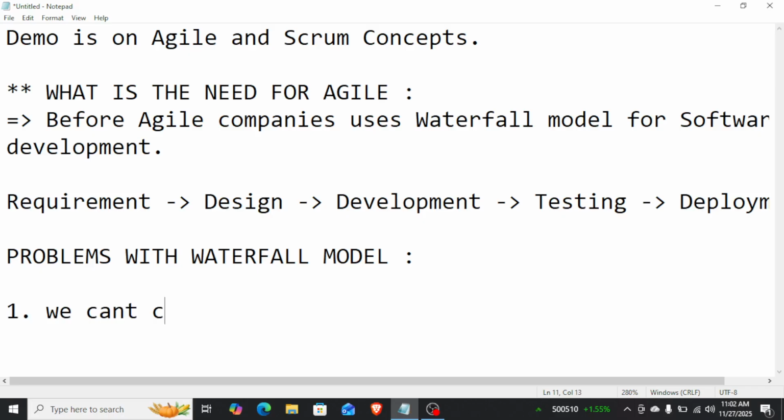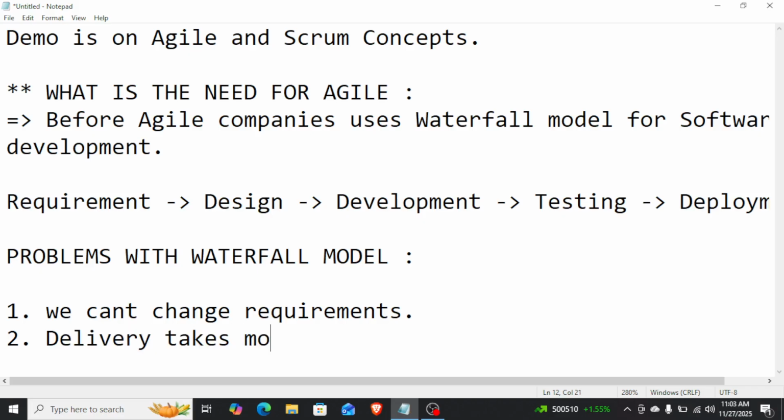And the second problem is delivery takes months or years.